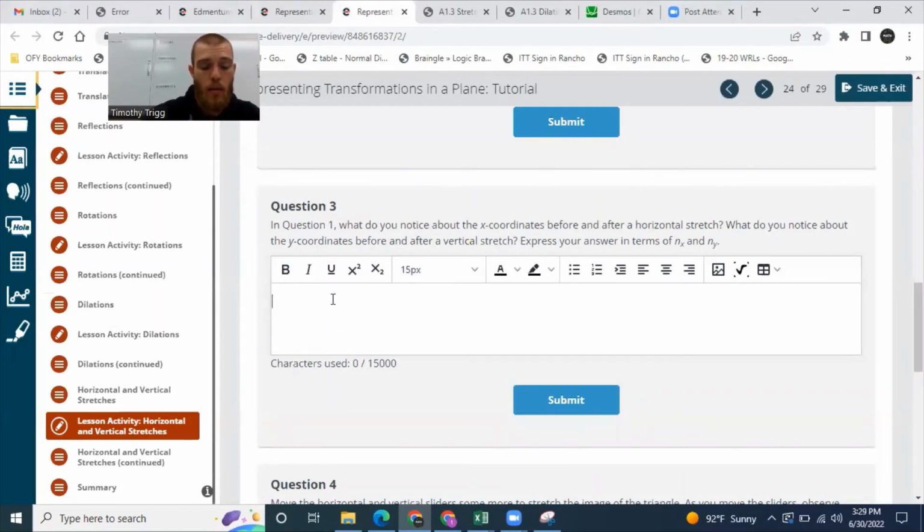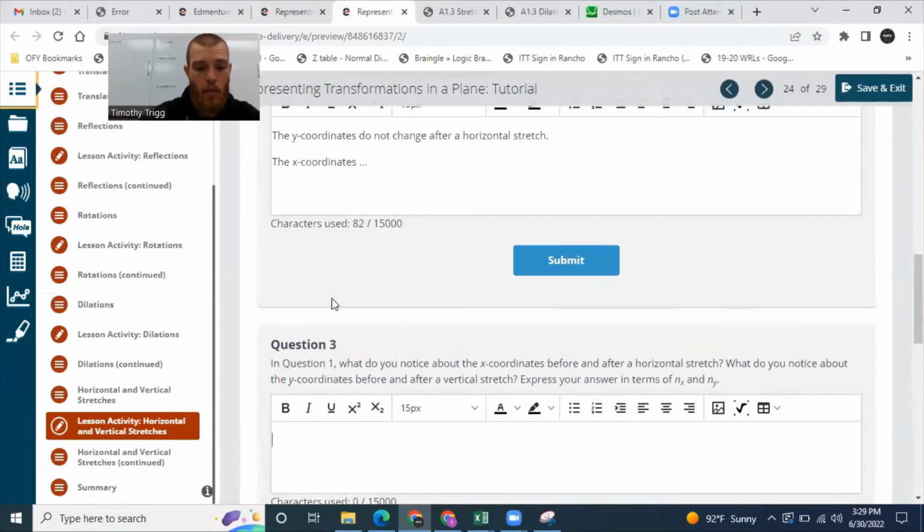So the x coordinates multiply by the scale factor after a horizontal stretch.